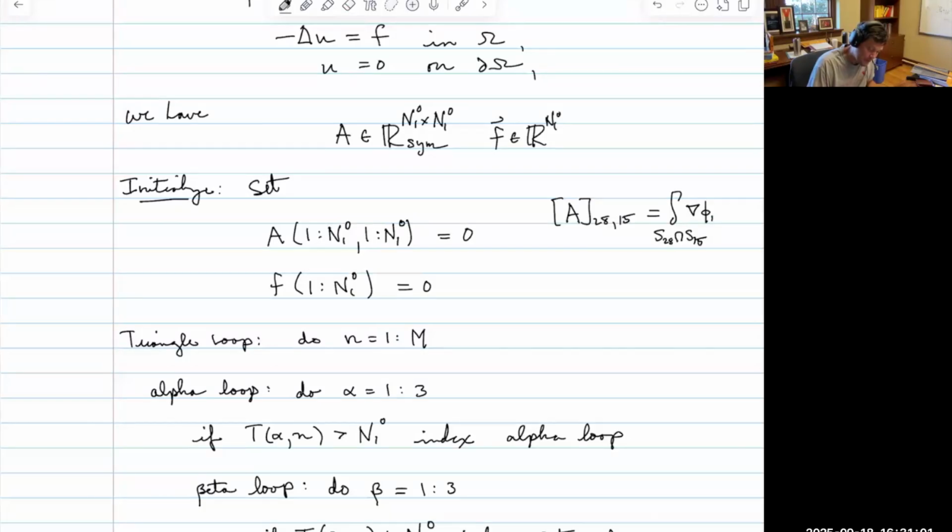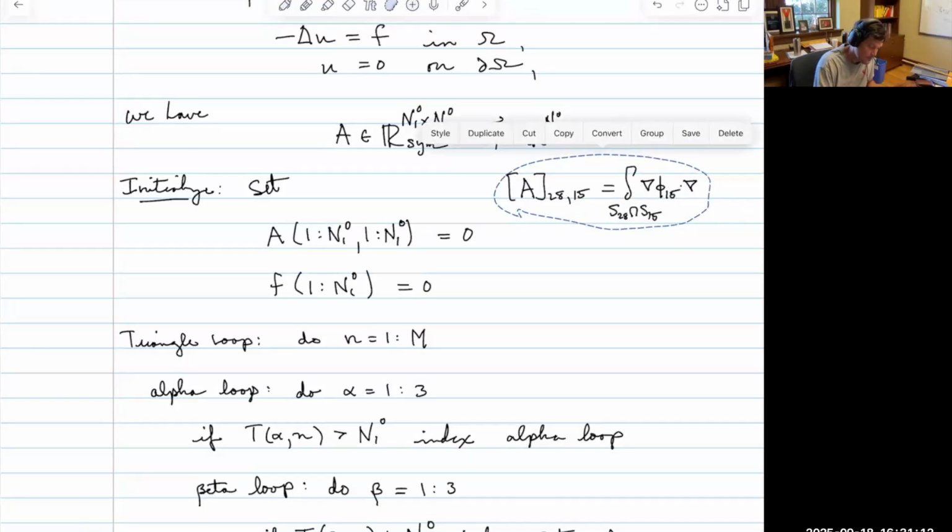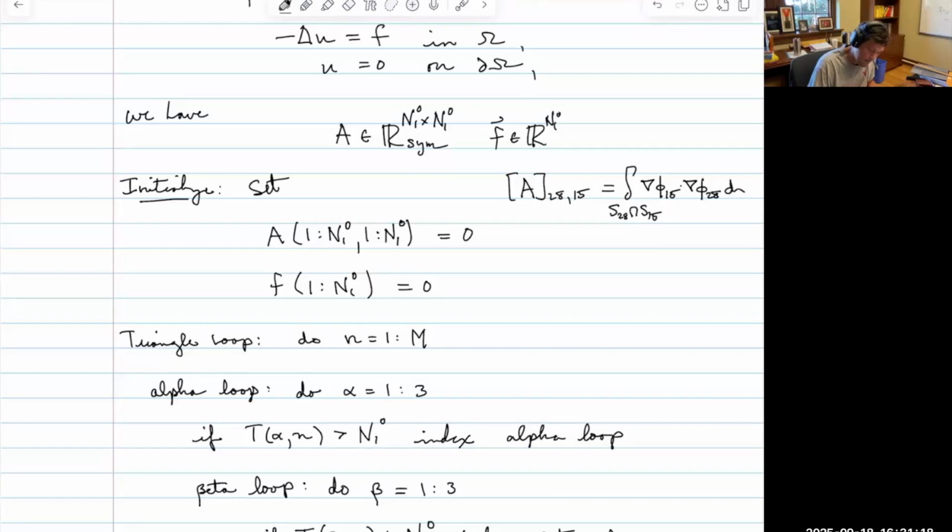Usually I write it backwards because it makes sense to do so. And then what I do is break this into triangles.